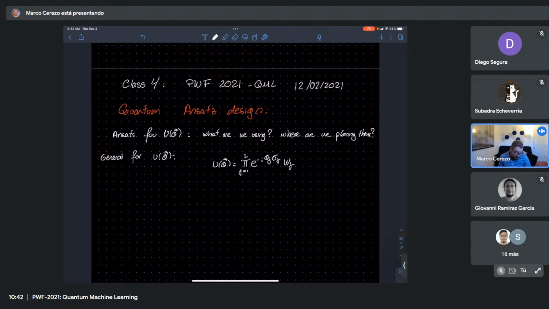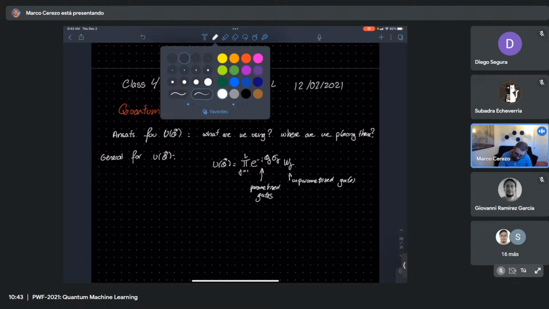So essentially what this is telling us is that our quantum circuit is going to be a product of unparametrized gates, such as CNOTs, and parametrized gates. This seems extremely obvious, but this is just the general way in which we're going to be writing ansatz. And essentially, both the UCC and the QAOA can be expressed in this form because this is completely general. You just have to be careful about what each W and each sigma and L is, but up to that, you should be completely fine.